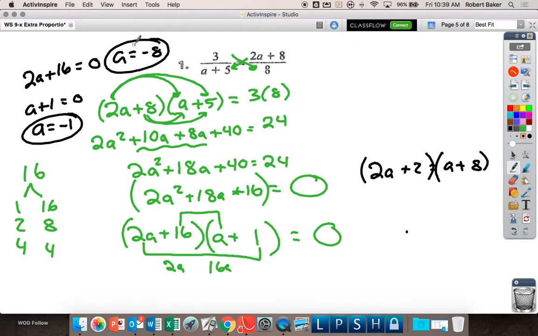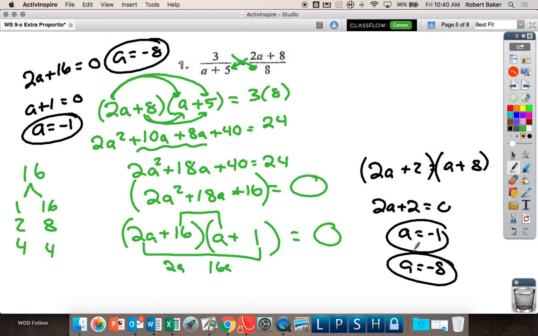If I do the same thing over here, 2a plus 2 equals 0, minus 2 on both sides, a equals negative 1. So is there really two answers? There are two different factorings, but they give me the same solution set.